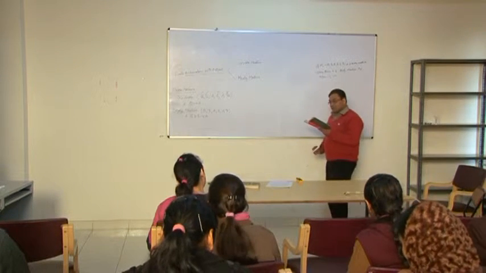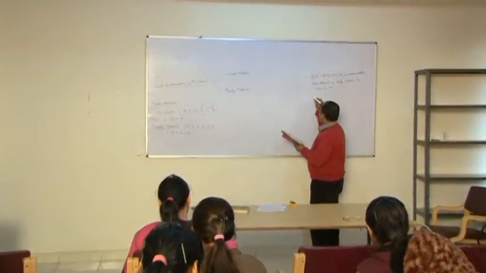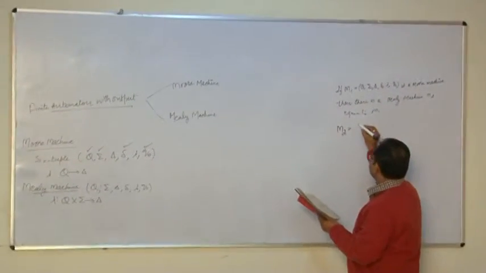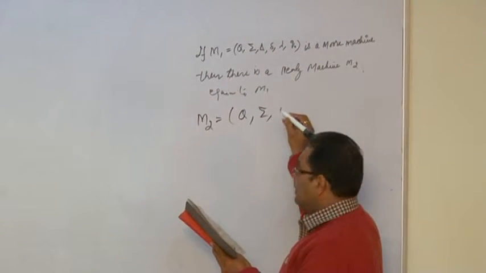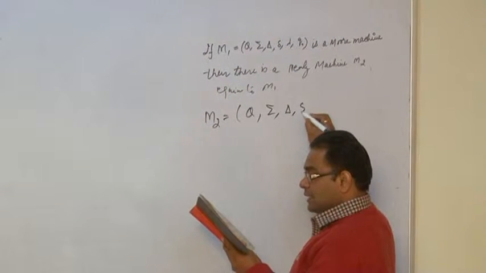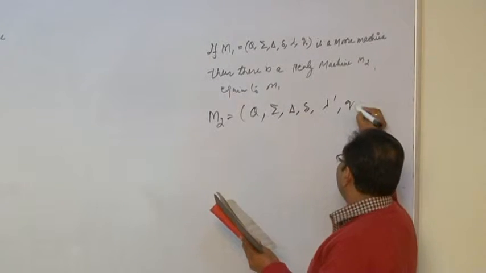So the only thing that we need to map over here is we define M2 as Q, sigma, delta, again delta, lambda and Q node.